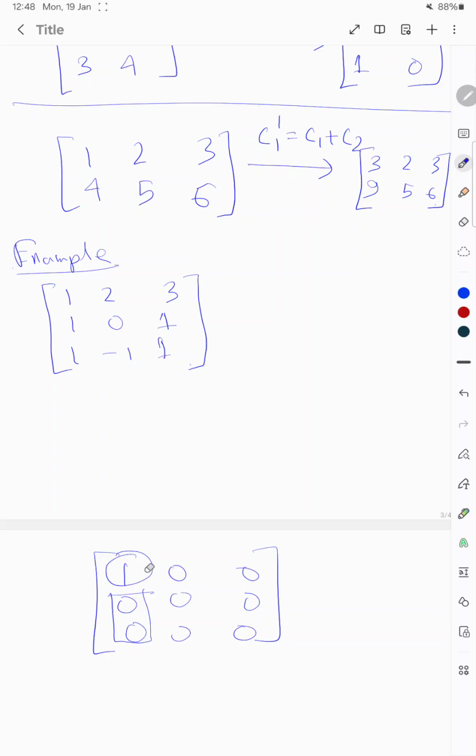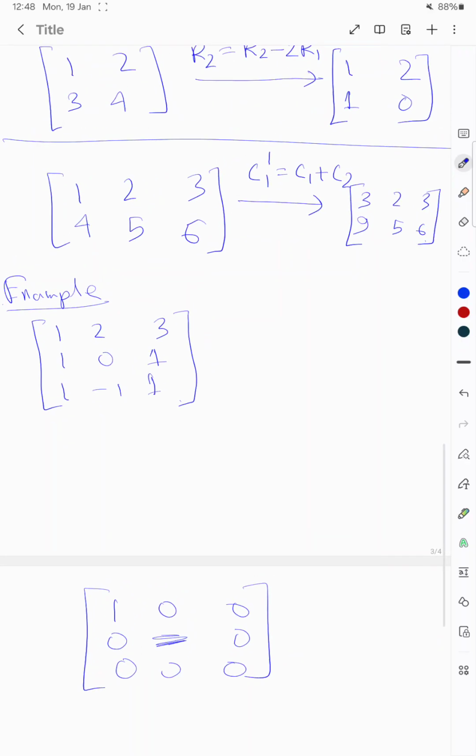Next, if you have some element here, then above and below the element should be 0. That type is actually some echelon form, or a row reduced echelon form, which we will do later with proper definition.